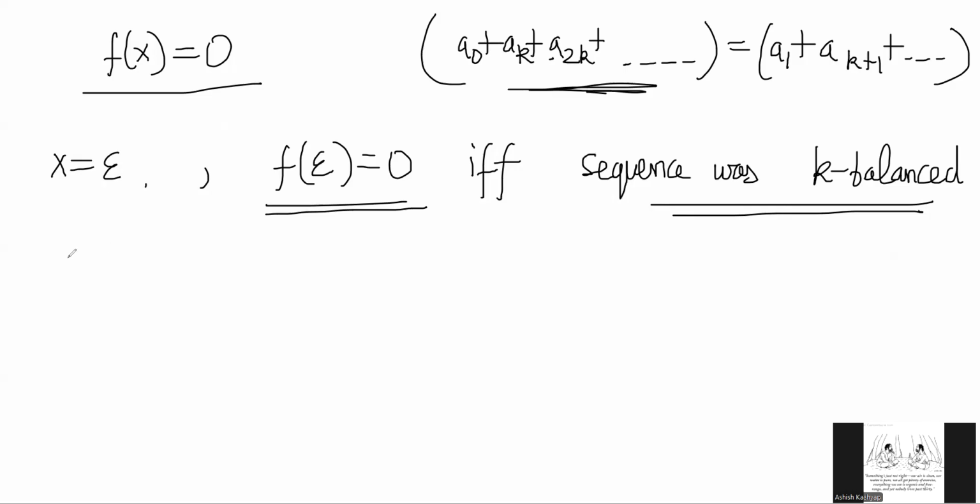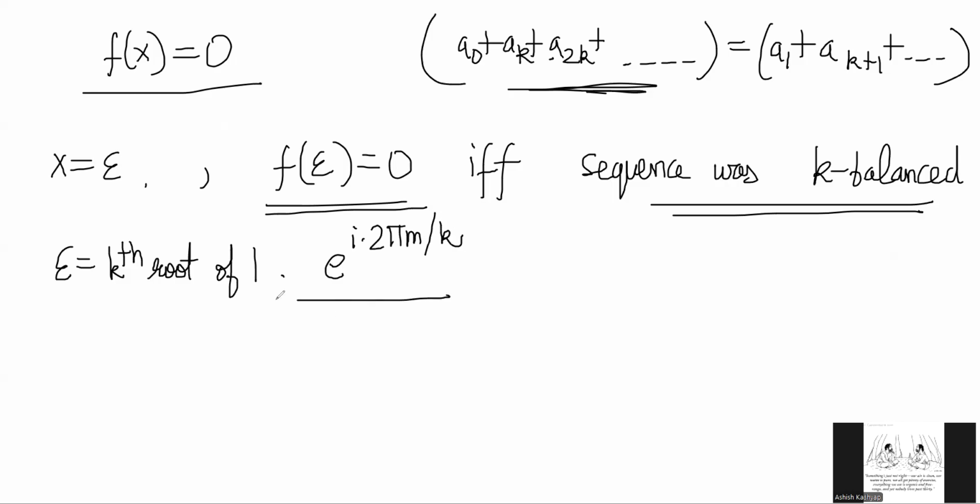Now, here, epsilon was what? Kth root of 1, or basically it was e power i 2 pi m by k, and m was going from 1 to k minus 1. Now think about it, this situation is true for different k, right?